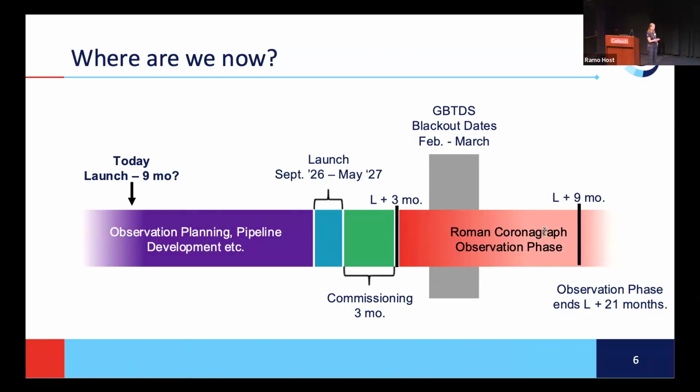One of the main things to consider there is one of the core community surveys, the Galactic Bulge Time Domain Survey, which has sort of these blackout dates from early to mid-February to March. And that's required to meet their science objectives. So these are blackout dates both for Roman CGI and for other WFI observations.